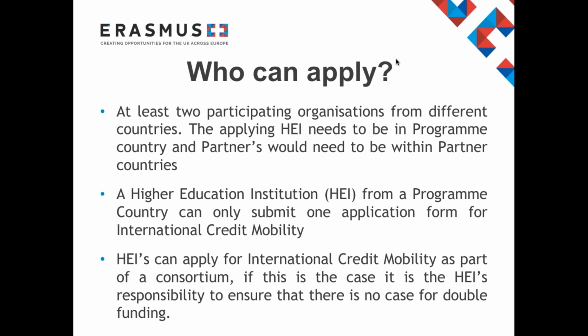However, they can also apply for international credit mobility as part of a consortium, in which case it's your responsibility to prevent double funding of the same mobility should the 2 channels be used simultaneously. You can apply from more than one country in the application form. For your reference, a national mobility consortium must comprise of at least 3 eligible participating organizations, including 2 sending HEIs.